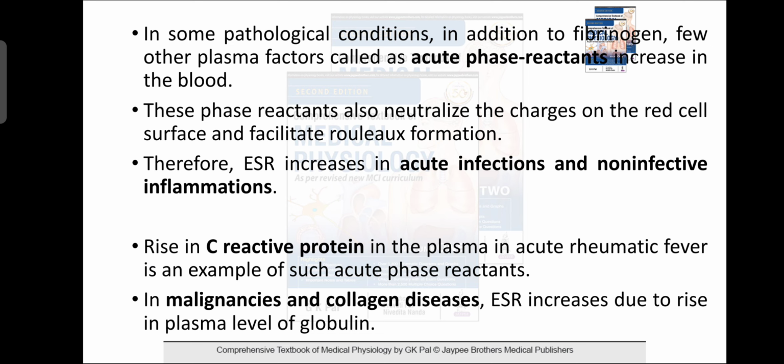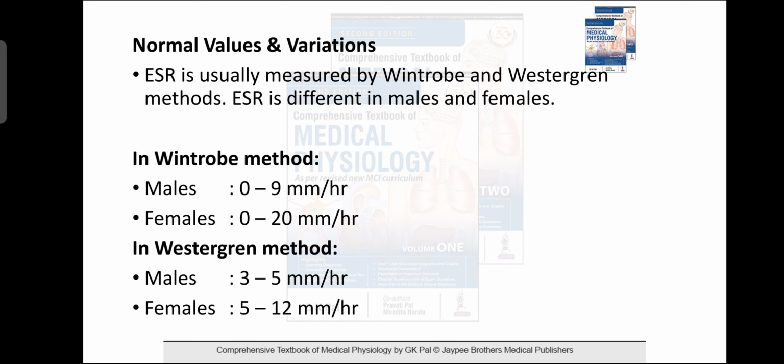In malignancies and collagen disease, ESR is increased due to a rise in the plasma level of globulin, because this acute phase reaction neutralizes the charge on the red cell surface and facilitates Rouleaux formation.